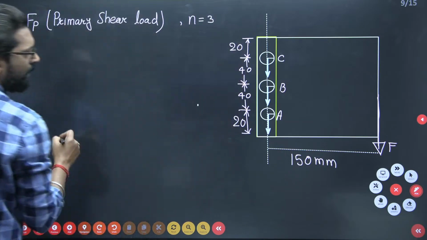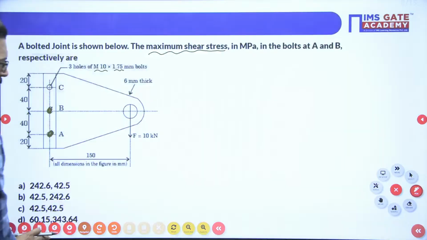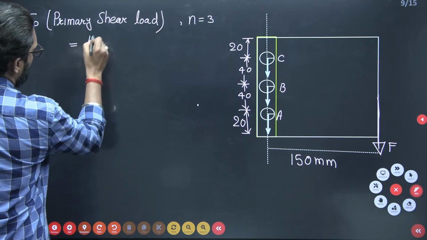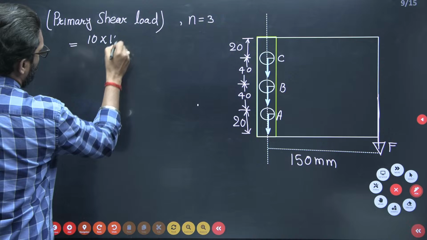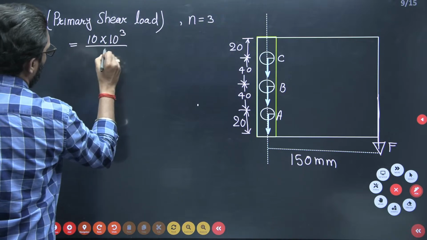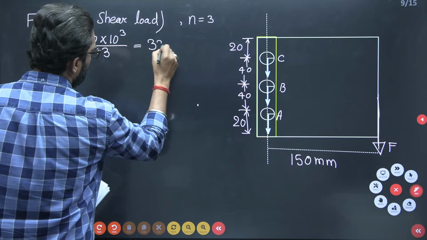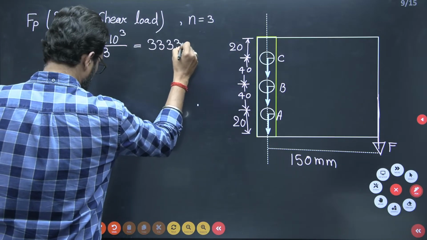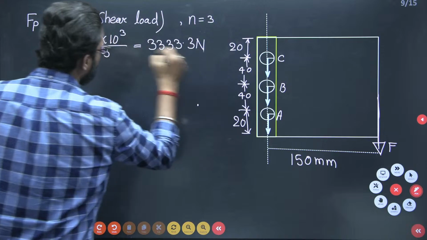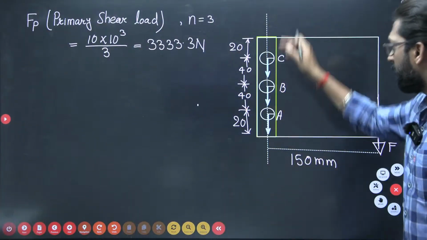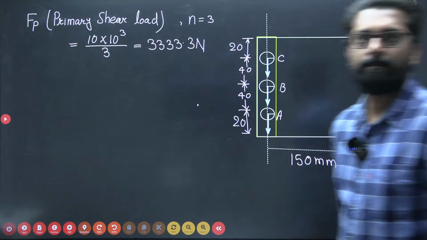If the force applied is 10 kilonewton, that means 10 to the power 3 Newton, divided by 3. So how much is it? 3333.3 Newton. This much load is applied on each bolt in the downward direction.